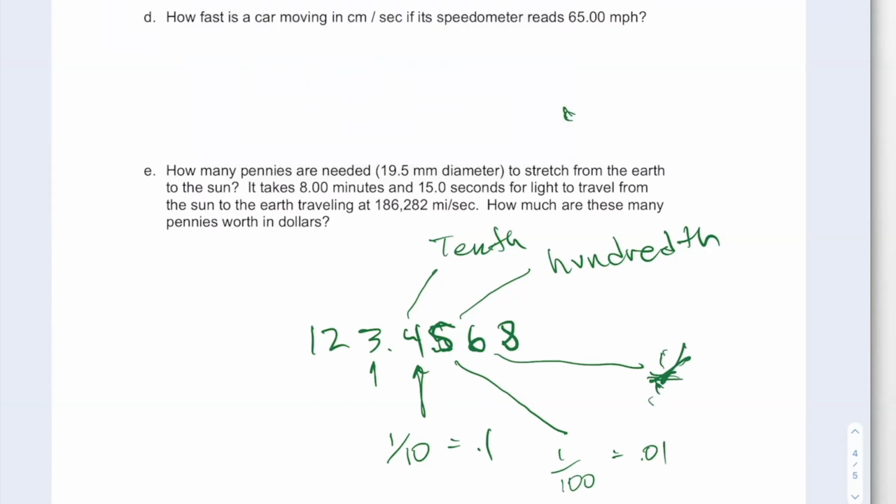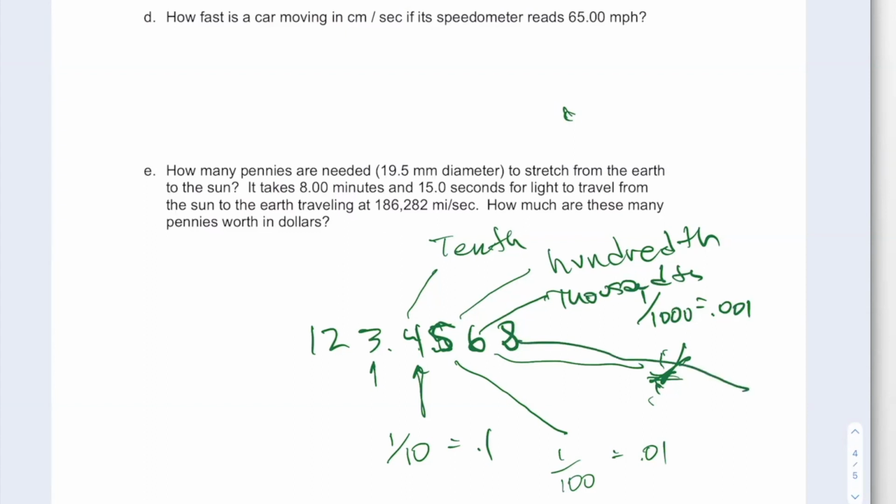It's 3 digits past the decimal. So this is the 10th, this is the 100th, this is the 1,000th, and this is to the 10th of 1,000.